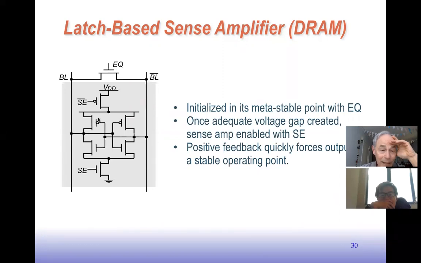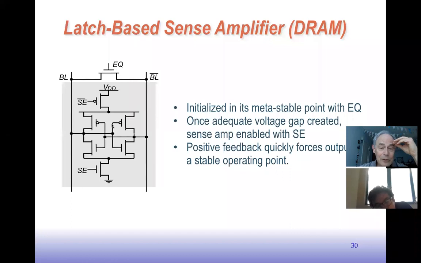Kind of mimics what we had inside the 6T cell, but here the power supplies, VDD and ground, are connected with these transistors that act like switches. So if both of them are off, there's no power to this cell, right? And then when we turn those switches on, we power up the cell.